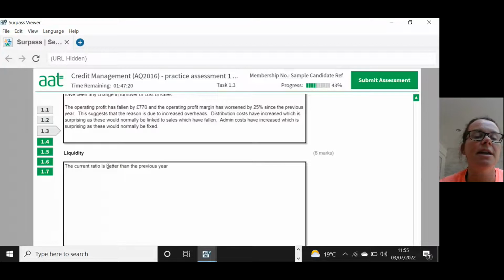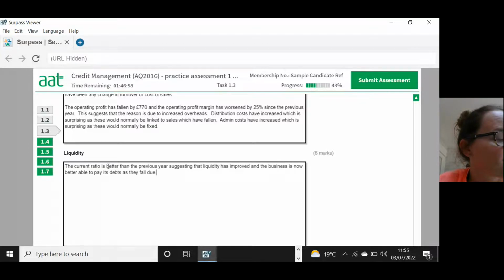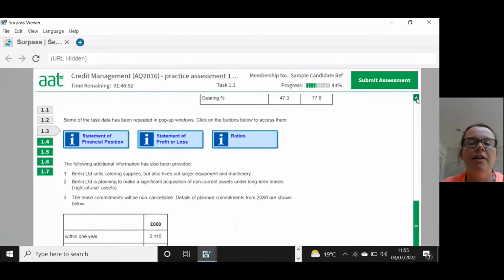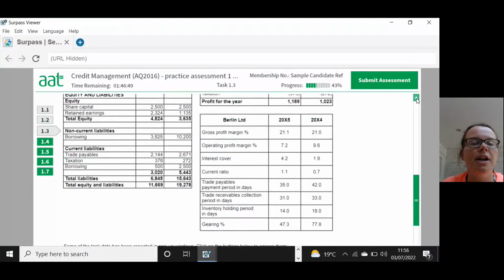Better than the previous year, suggesting that liquidity has improved and the business is now better able to pay its debts as they fall due. We could analyse that a little bit further. We could look at the figures that make up the current ratio.